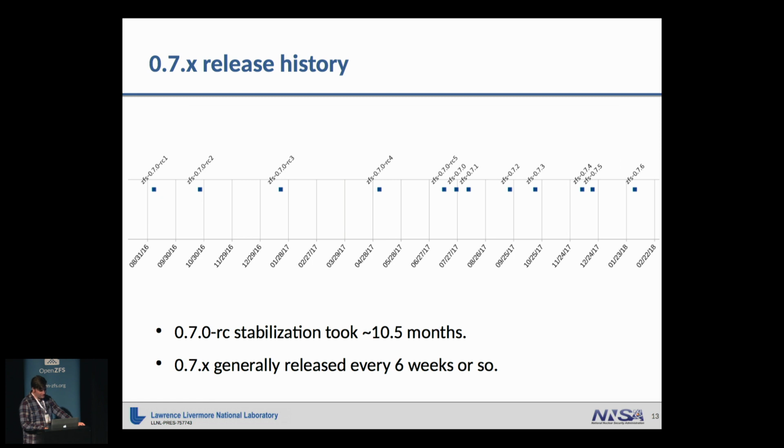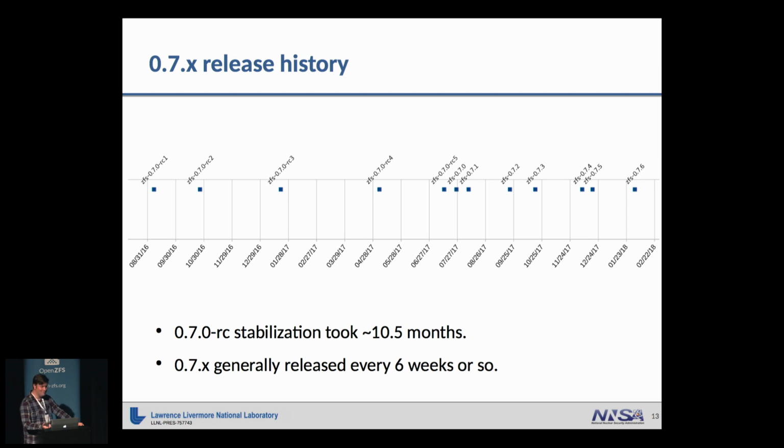Here I made a graph of the 07 release branch, both the RC and the regular release branch. Originally I made this graph with all the ZFS releases, but it was so long that it just wasn't even visible on the slide. So I broke it down into 07. The takeaways here are the 07 or 070 RC branch took about 10.5 months to stabilize.